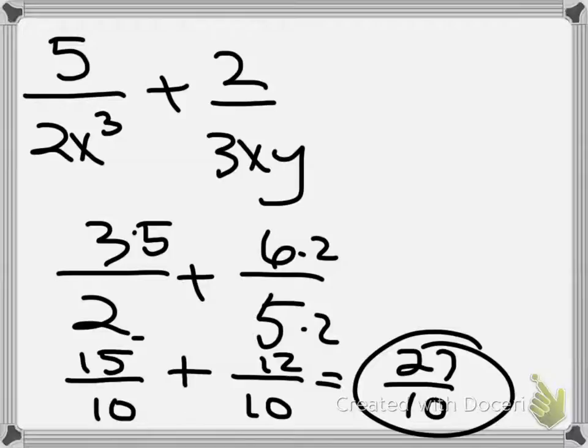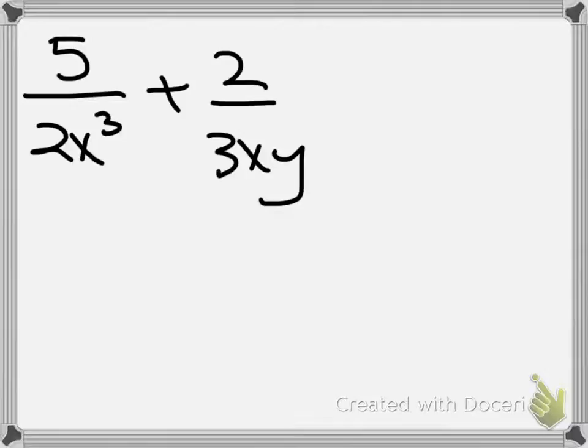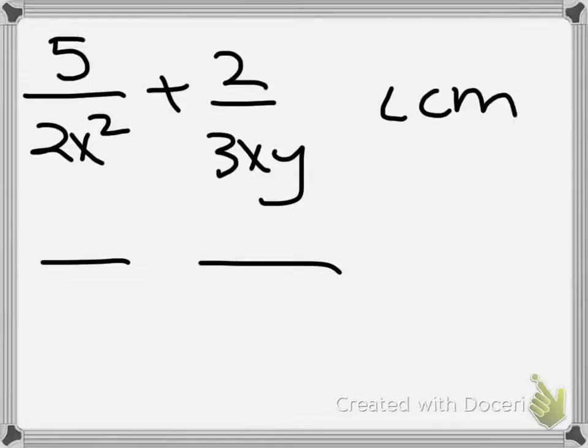So we're going to now do the same thing here, but with letters. We're going to do this one up here, and to be able to do this, we're going to find the least common multiple. We've done this before. The least common multiple sounds backwards, but we take everything, the highest amount of each thing that's in common. So we have a 2 on this side and no 2's over here.